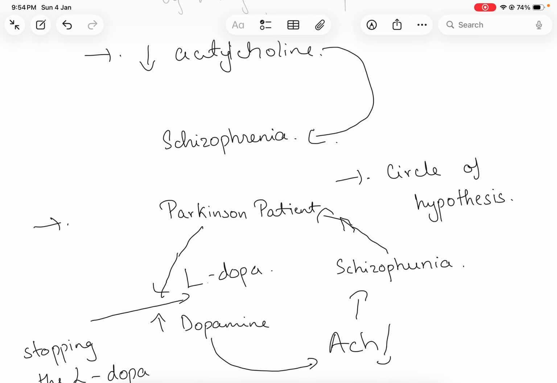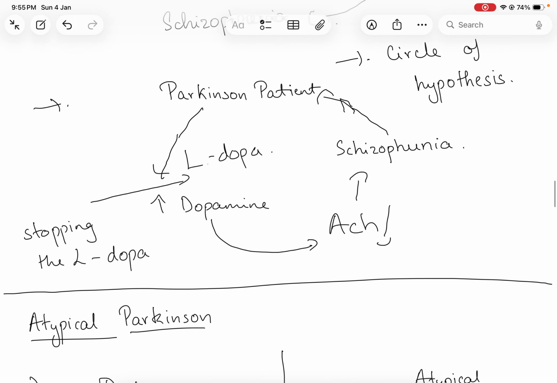So consider a patient who is approaching you, suffering from Parkinson's disease, and might be demonstrating the classical symptoms of Parkinson's. So we usually go with the drug of choice called L-dopa. One of the major side effects we come across is that L-dopa increases the amount of dopamine, but besides it usually decreases the amount of acetylcholine in the brain.